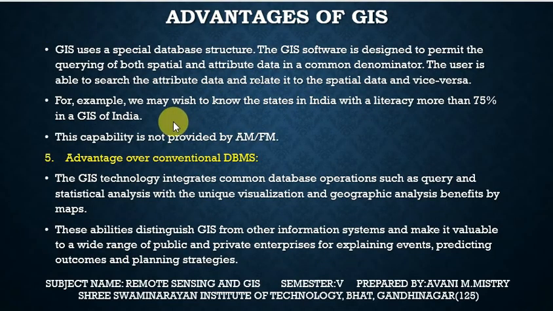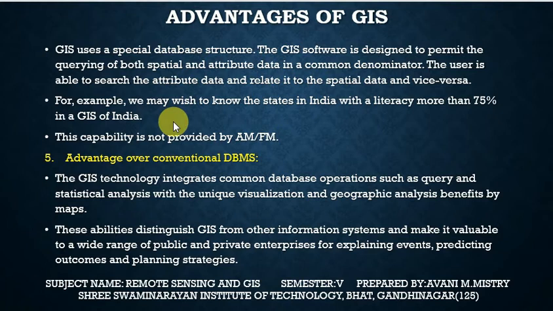GIS uses a spatial database structure. The GIS software is designed to permit the querying of both spatial and attribute data. We have read earlier what spatial and attribute data are. The user is able to search the attribute data and relate it to the spatial data and vice versa.